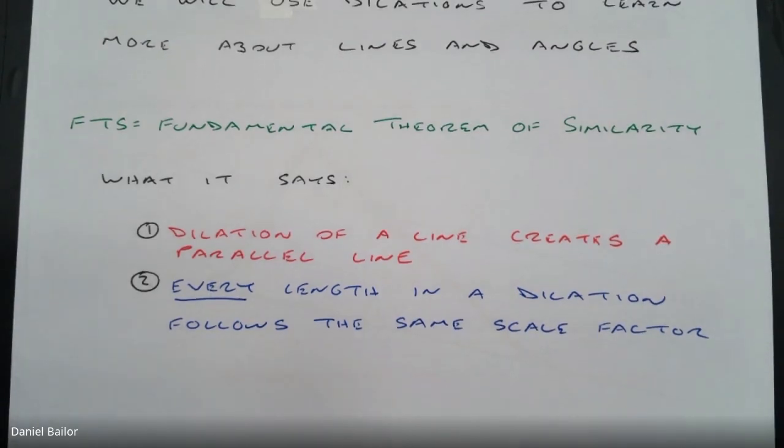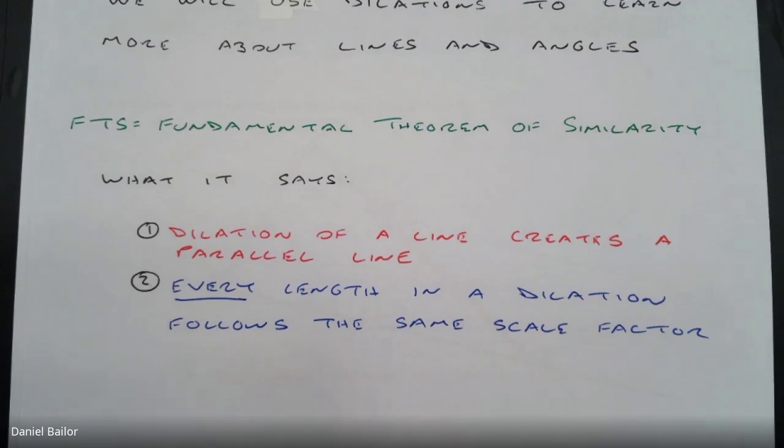Everything, even ones that you add later, like we added RS and R prime S prime later, still follows the same scale factor. The dilation changes all of the lengths, and it changes them by the scale factor. That's just what you have to know. So those are the two parts of the FTS, the fundamental theorem of similarity: a dilation of a line makes a parallel line, and every length in a dilation follows the same scale factor. Those are the two things that are important to know.